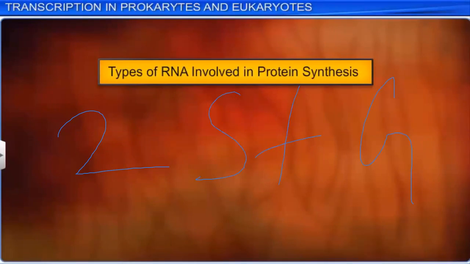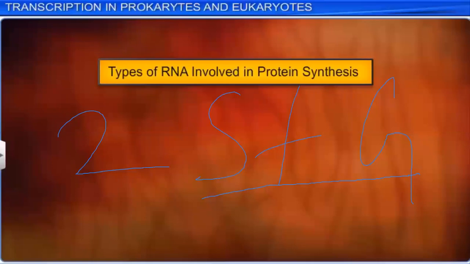That means the structural gene carries the information at a time for only one type of protein, which it will later translate into, only one type of protein every time. That is monocistronic.